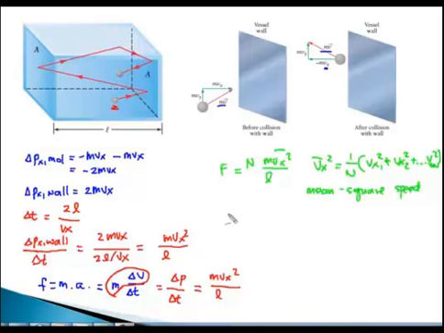Now from here on we continue by calculating the pressure. Pressure is force over area. This big F here, the force, is nmvx squared over L, and we divide it by the area. Now what do we have here? Length times area, and we're still referring to this box, is the volume of that box.